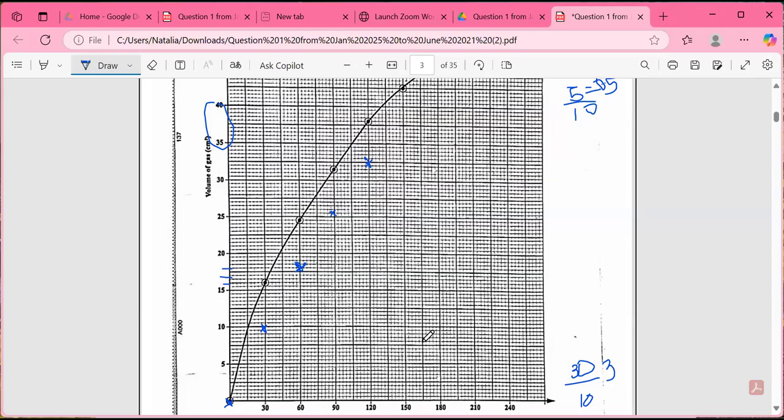Then I have 150. 150 is 37.5. 180 is 40. 110, sorry, is going to be 41. 41 is right here.